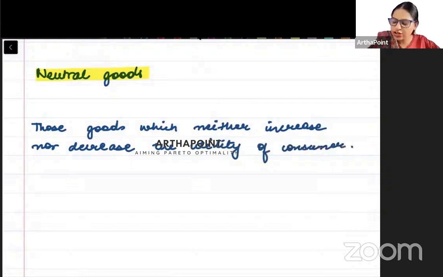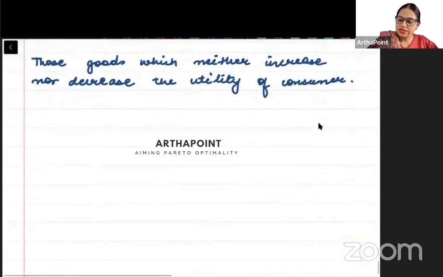The satisfaction of the consumer, the benefit that the consumer is getting, जो भी उसे satisfaction मिल रही है, जो भी उसे benefit मिल रहा है, it is neither increasing nor decreasing, right? If that is the case, then those goods are called neutral goods. उन्हीं को हम neutral goods बोल देते हैं. Is that making sense? So please write down.